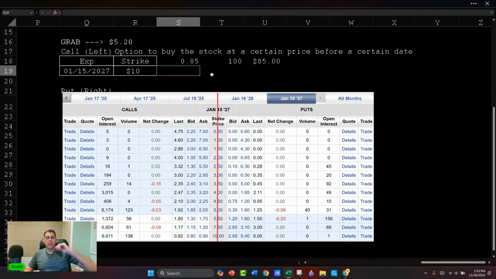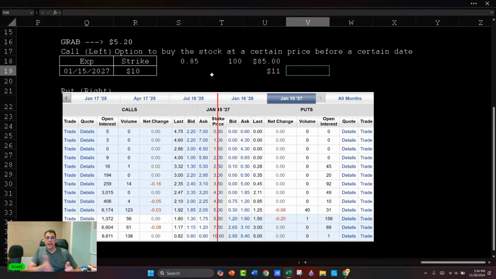So once it got to $11 a share, that was the price of GRAB. It has to happen before January 15th, 2027.